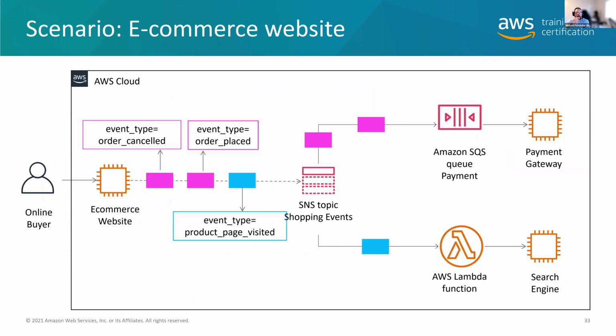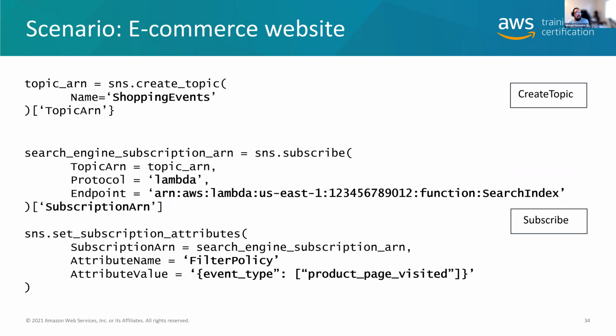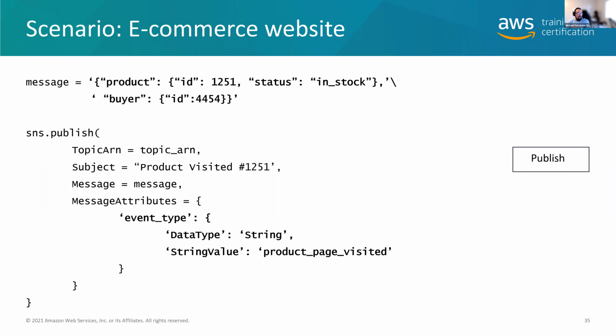So it's going to get routed down in the blue box down below. So this is how they've set up their subscription to the topic for that Lambda function. And then this is how they publish a message that matches the filter policy. Again, event type equals product page visited.